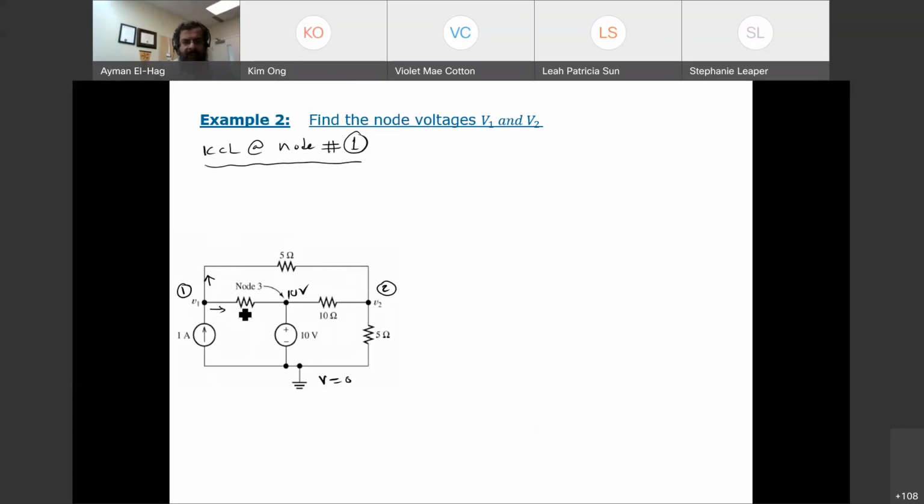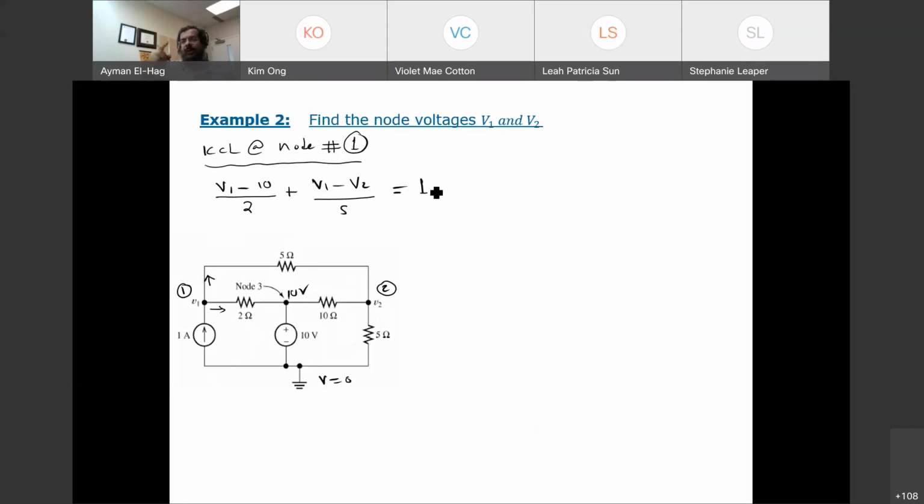So the current that goes to the right is V1 minus 10 divided by 2, plus the current that goes up, V1 minus V2 divided by 5. And this current enters the node, so minus 1 equal to 0, or equal to 1.